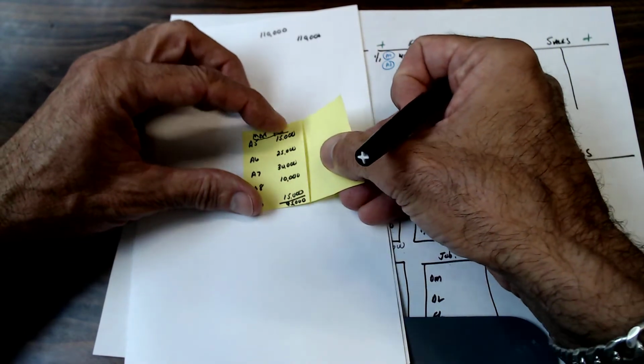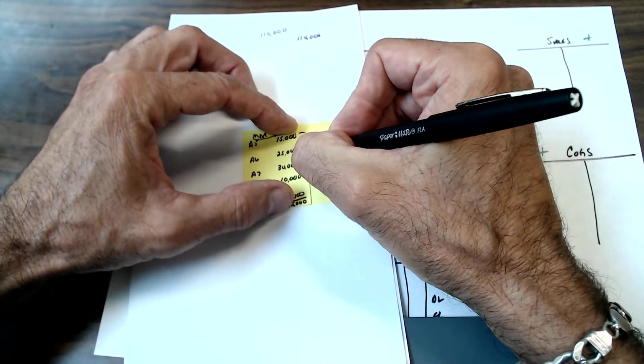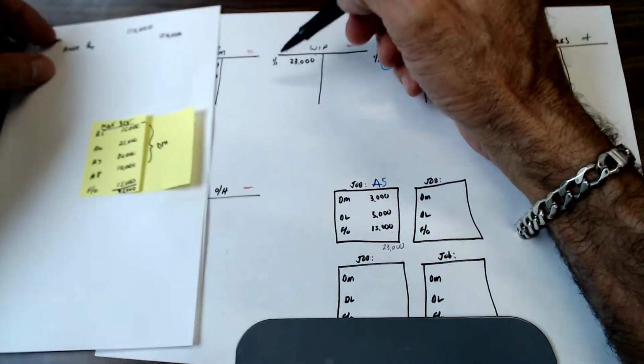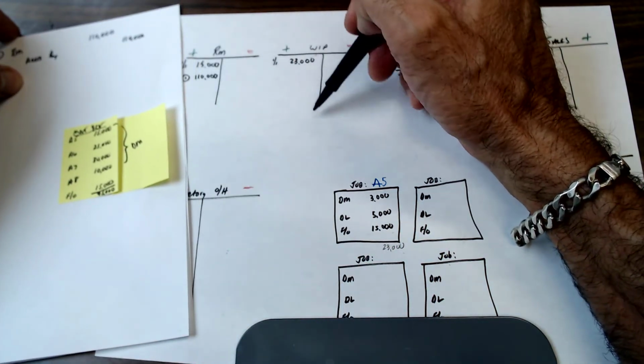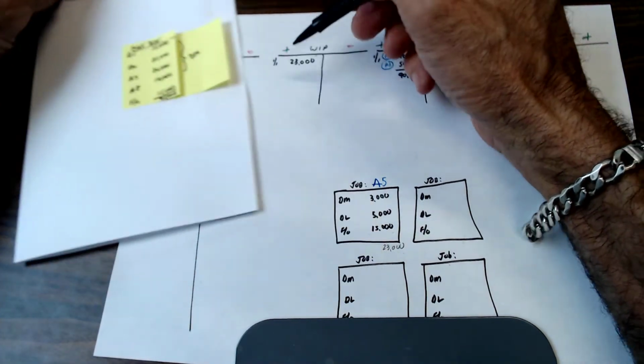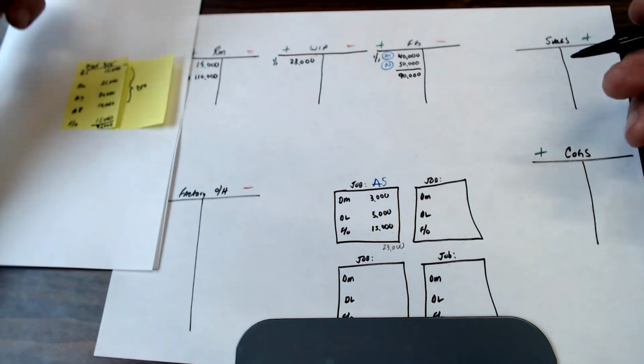So recognize, these are direct materials. That's materials that came out of raw materials and went directly to jobs, and then $15,000 of materials were taken that are indirect materials.